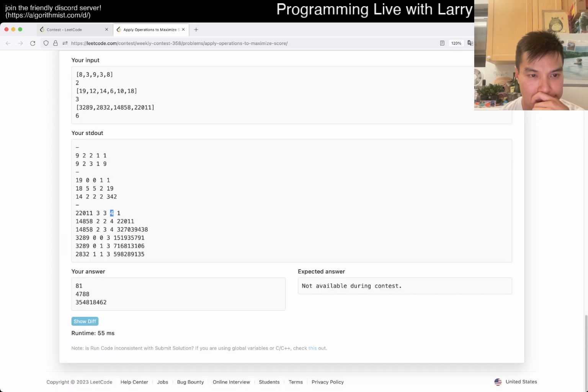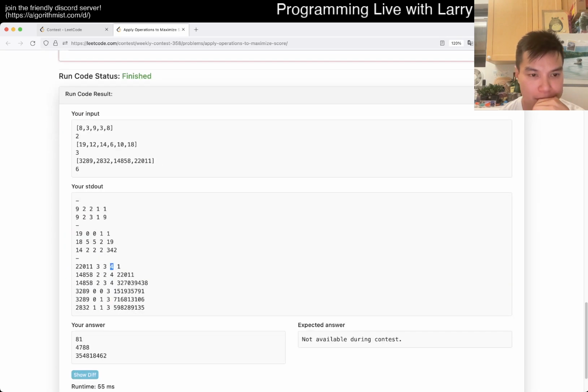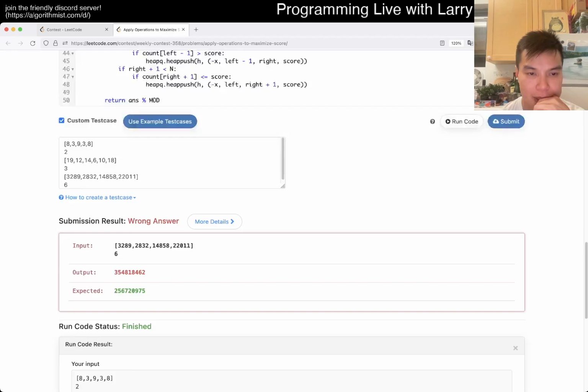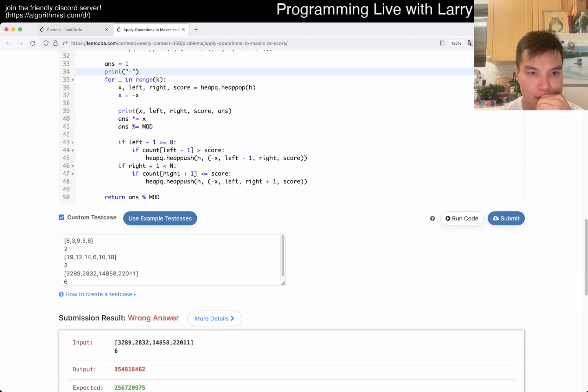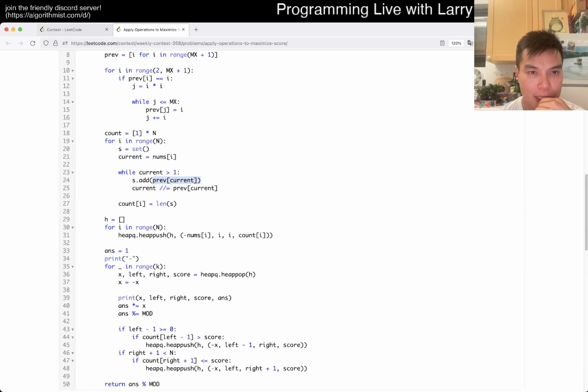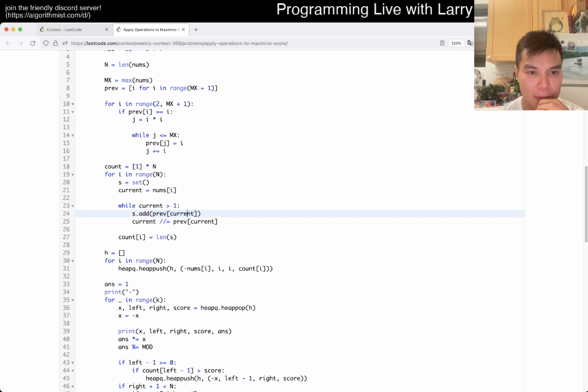Left, right scores. This one has 4 primes. It's just primes, right? And I am adding just the... Oh, actually, am I adding the prime? Yeah, I am only adding the prime. This should be okay.